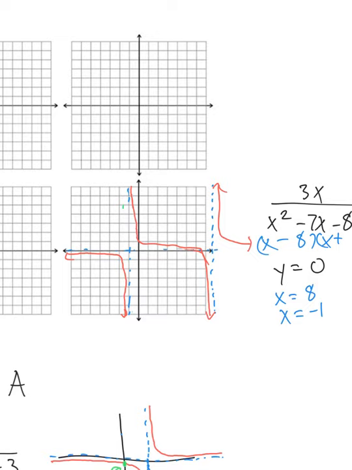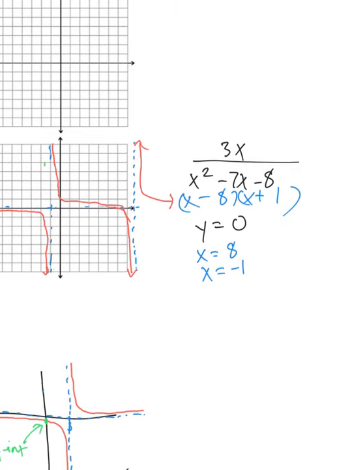And so let's find the last values of our x-intercepts and y-intercepts here. Remember, the y-intercept is our constants. On top, our constant doesn't exist, so the constant on top would be a 0, and the constant on the bottom is negative 8. That gives us a 0 for our y-intercept.